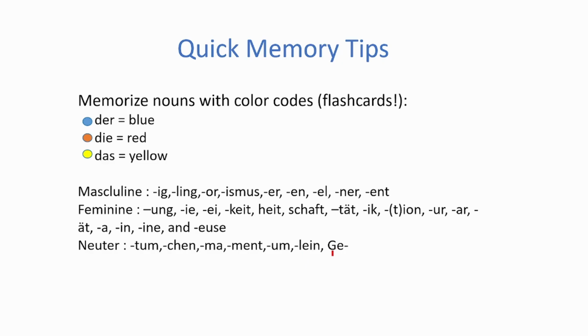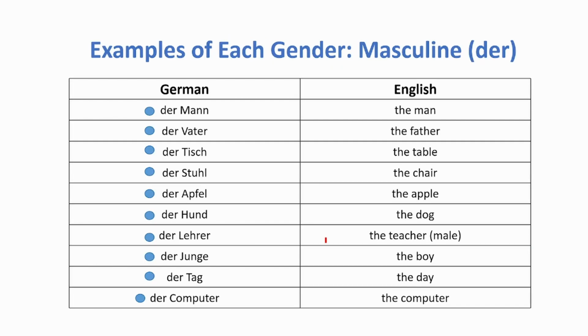And also, if the noun starts with ge, for example, das Gemüse, this will be neutral. So let's see some examples of each gender.